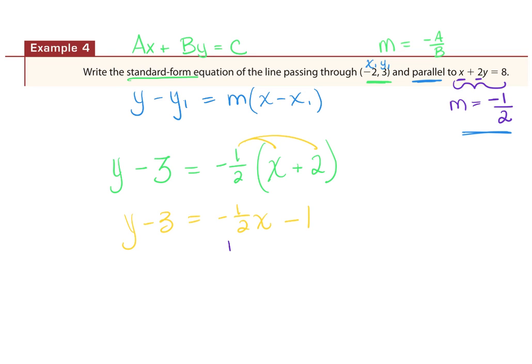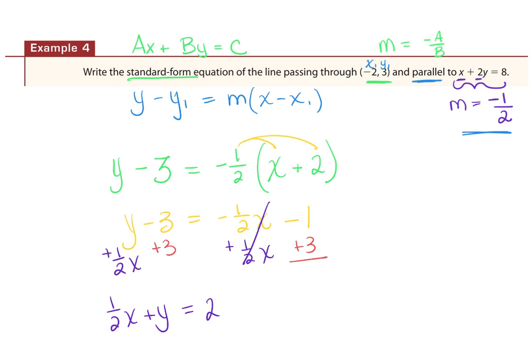So I'm going to move this 1/2 x over. It does not combine with anything, all right? So I have 1/2 x plus y, and I also need to move that 3 over here. So 1/2 x plus y equals 2.